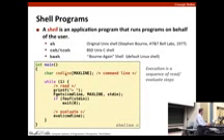Now, the execution in a shell is a sequence of read and evaluate steps. First, a shell prints out a prompt, and then it waits for you to type something in on the command line and hit return. The first thing you type is a command, and then you follow that with optional arguments separated by spaces.